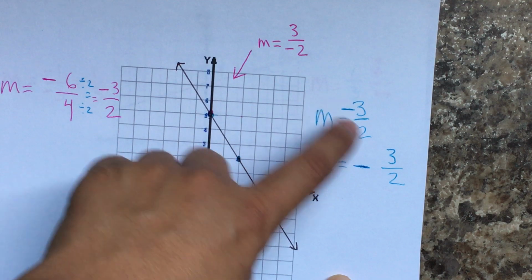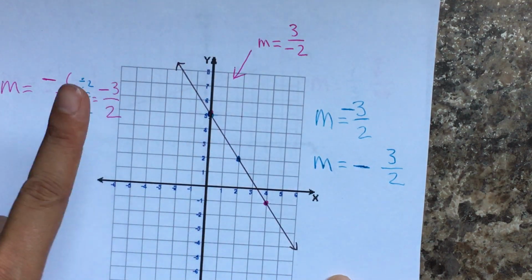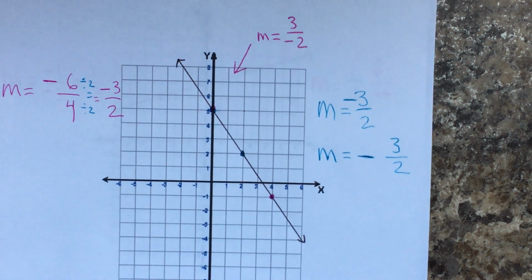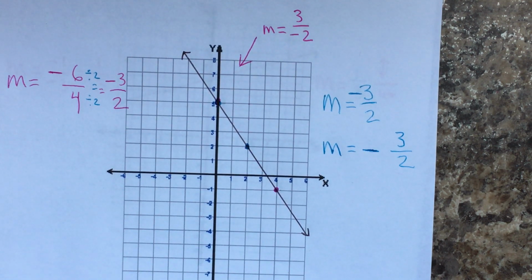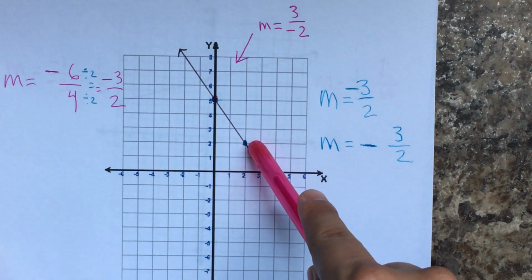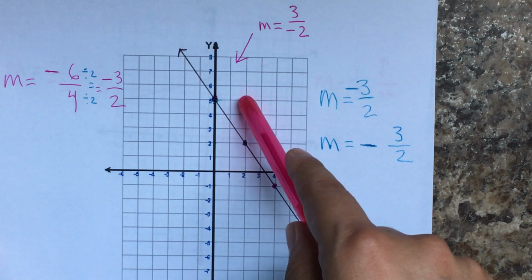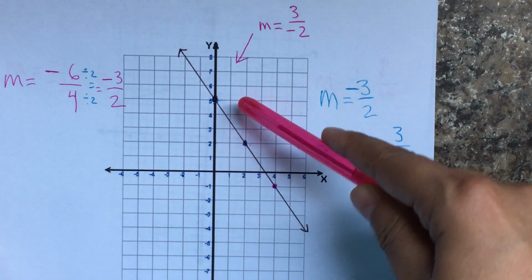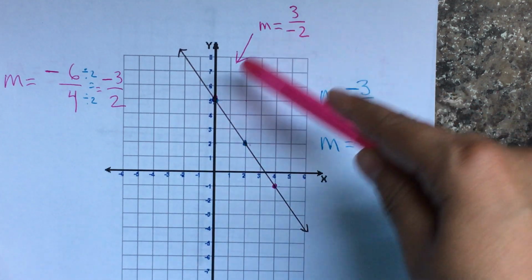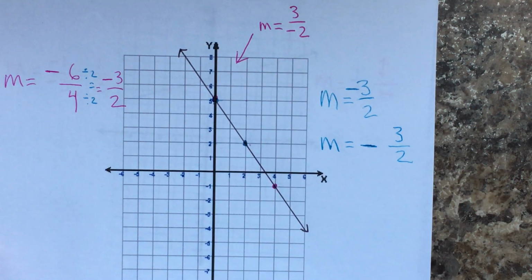It's gonna be the same answer for all 3 of them, okay? As long as you have only one negative. Yeah, I just wanted to kind of come back to that. It doesn't matter if you go from this point to this point or this point to this point, as long as you always go first up or down. And then for the denominator, left or right, okay?